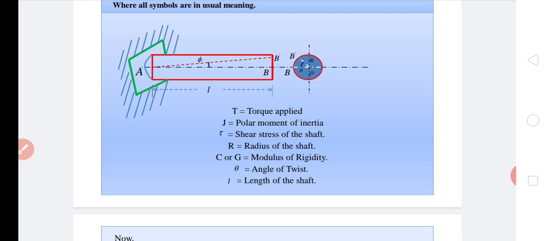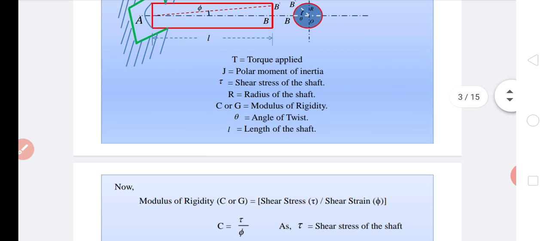On the side view, OB goes to OB dash, as shown in this figure. Let angle BAB dash equal phi in degrees, and angle BOB dash equal theta in degrees, which I previously mentioned.